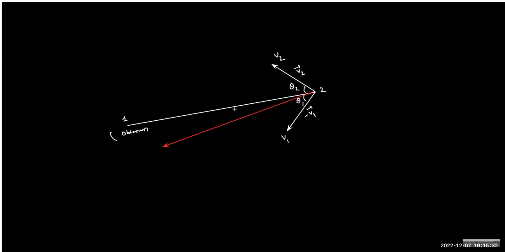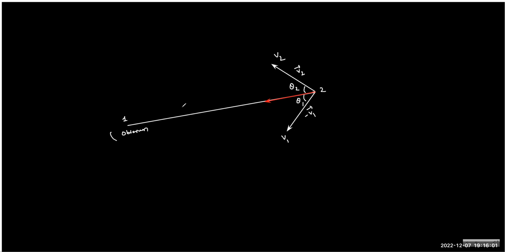So what is the condition for hitting? The resultant should be along V1, along 1. The resultant vector should be along the initial line joining 1 and 2. So whatever the line joining the two particles, the V12 must be aligned with that line, then only it is going to hit.